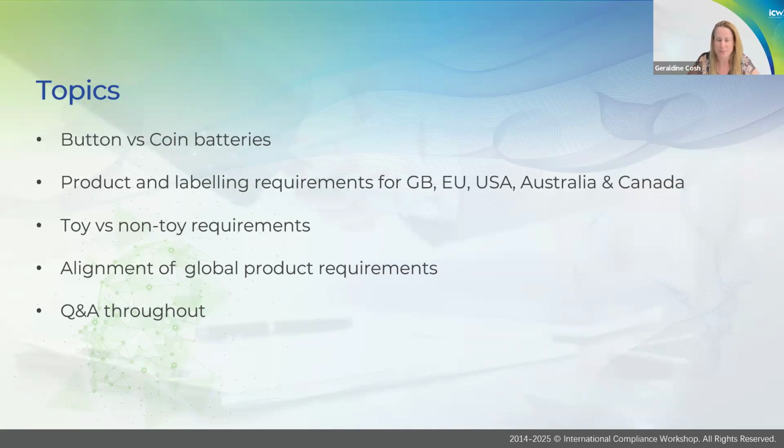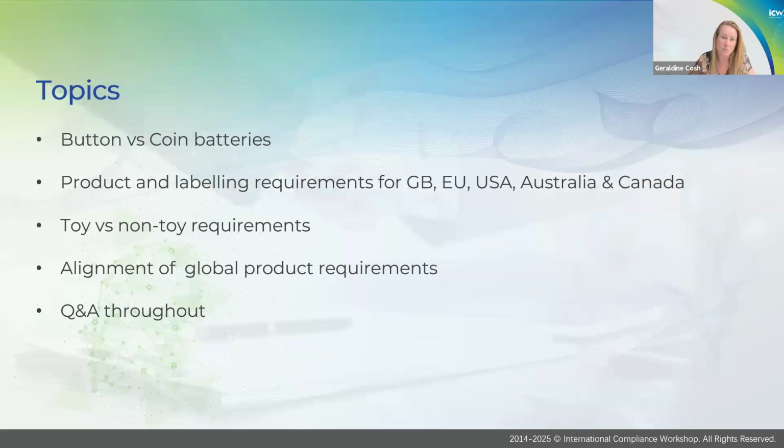Everyone will have a different opinion on things. And certainly with point two, Bill is 100% right. The product labeling requirements for GB, EU, USA, Australia, and Canada. Bill was explaining he thinks we've got an idea that might satisfy most of these. And I'm like, really? Are we sure? So we will talk about that a bit later on, with some caveats. We know it's challenging.